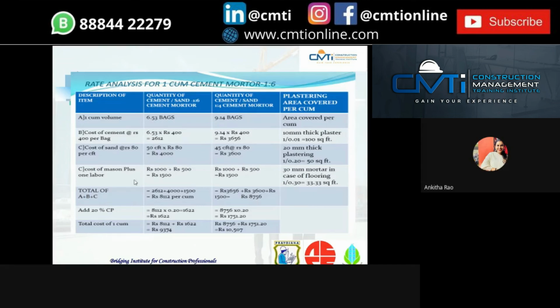And cost of mason all includes 1000 plus 500, that is 1500, and overall total cost will be 2612 for the cement bags, and cost of sand is 4000, and labor charges 1500, and 20% is CP, so the total cost into 20%, 0.20, it will be 1622, and the total amount will be 9374 rupees.